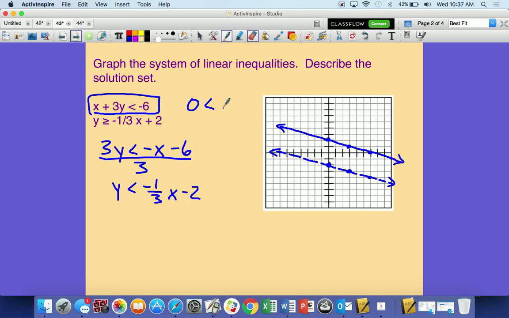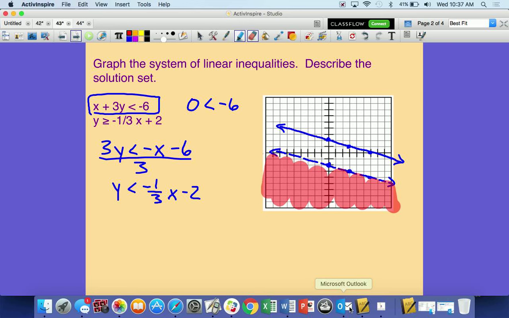So is 0 less than -6? No, that's not true. So because that's not true, then 0, 0 is not going to be a solution point, and every point on the other side is going to be a solution point.